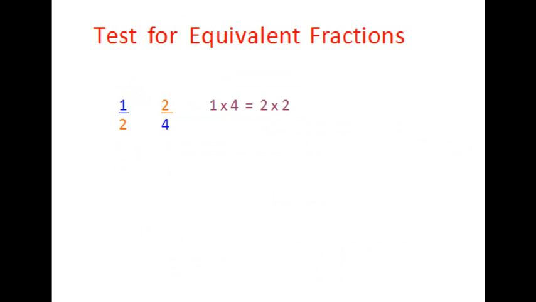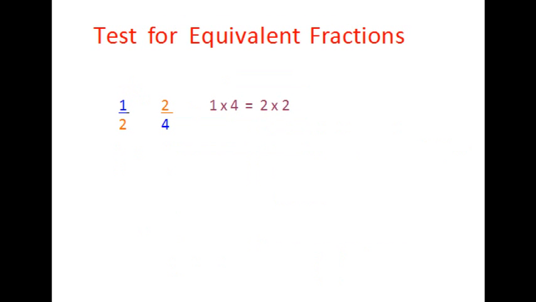That means numerator of the first fraction multiply that with the denominator of the second fraction, and the other product is that denominator of the first fraction is multiplied by numerator of the second fraction. So 1 multiplied by 4 is equal to 2 multiplied by 2. So the products are equal.